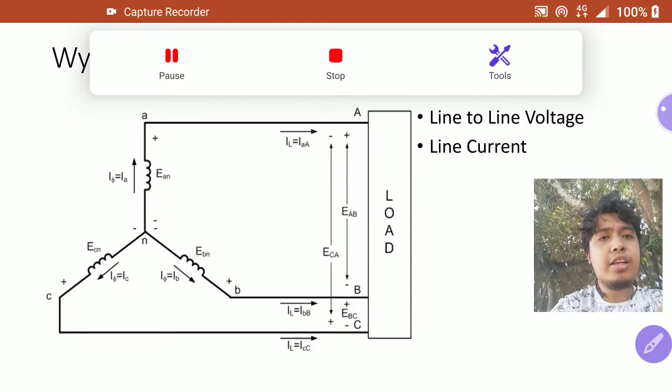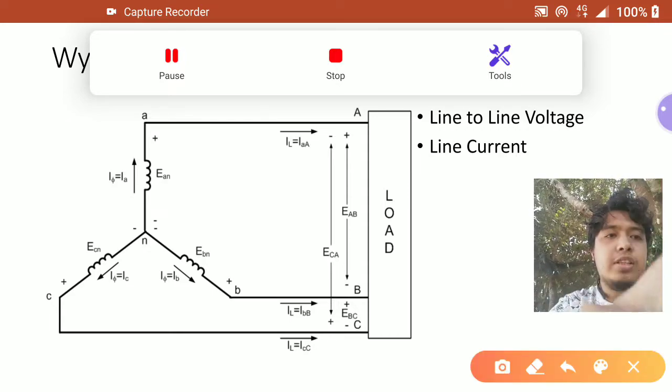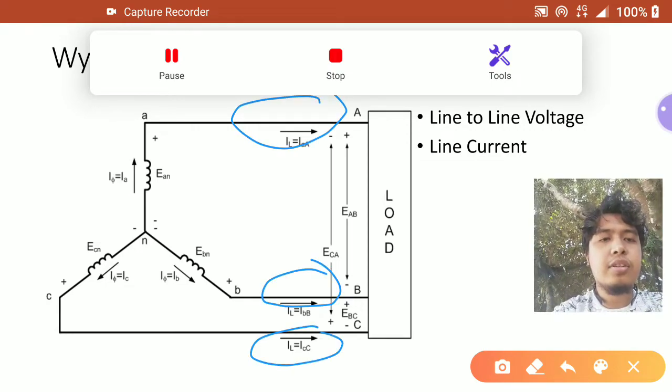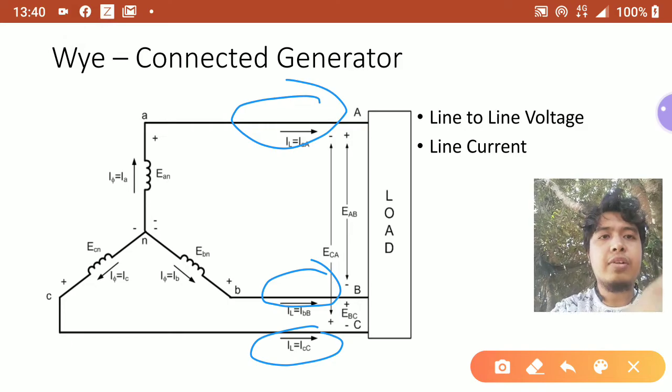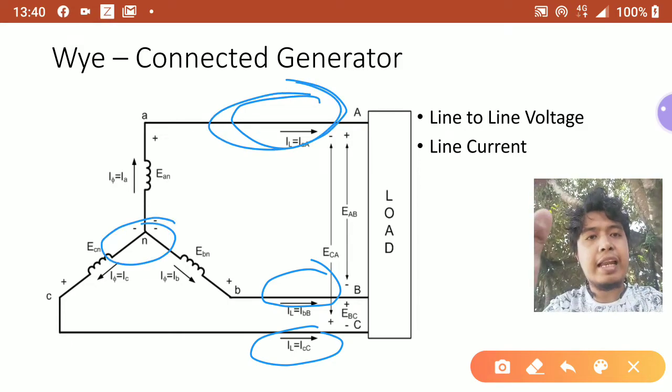Now for three-phase generators, the main difference is that instead of just considering these lines, you also have a voltage between the line and the neutral. So it's not just the voltage between the line and the line.